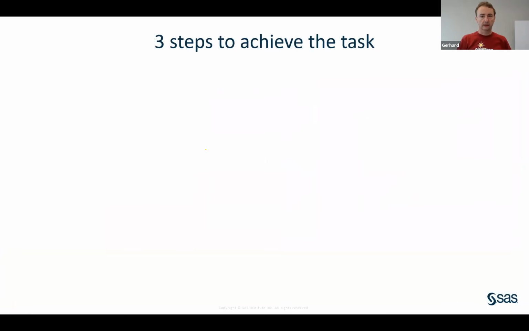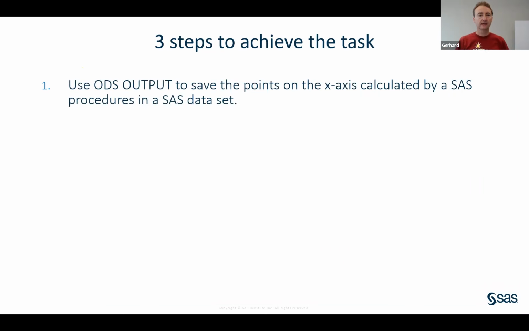So in a nutshell, in order to have this automatically labeled, you have to walk 3 steps. The first one is that you output the points on the x-axis calculated by the SAS analytic procedures. In most cases, you use the ODS output statement to do so.